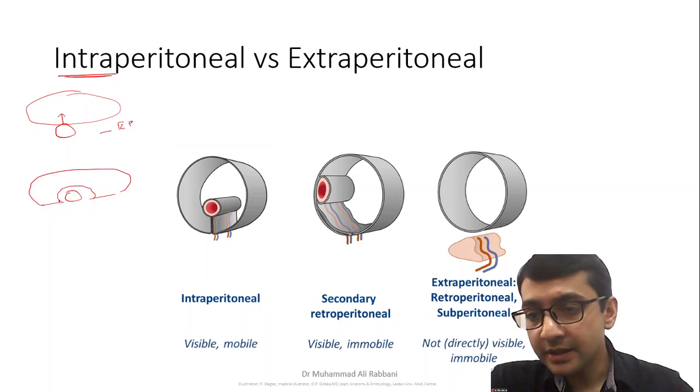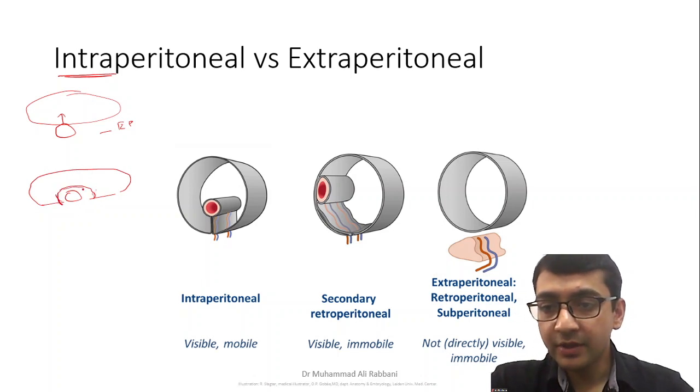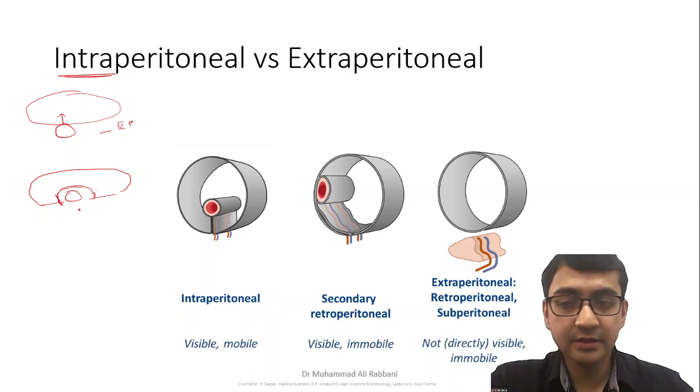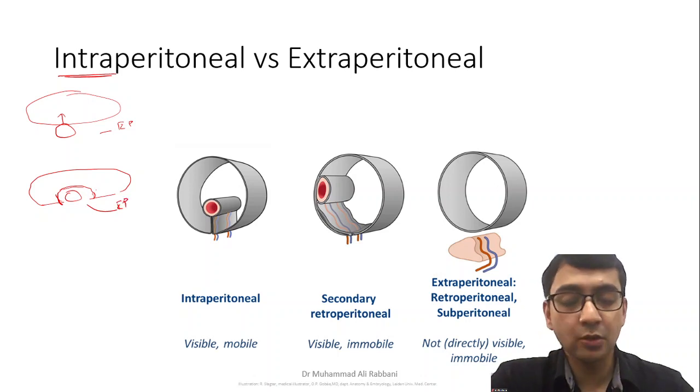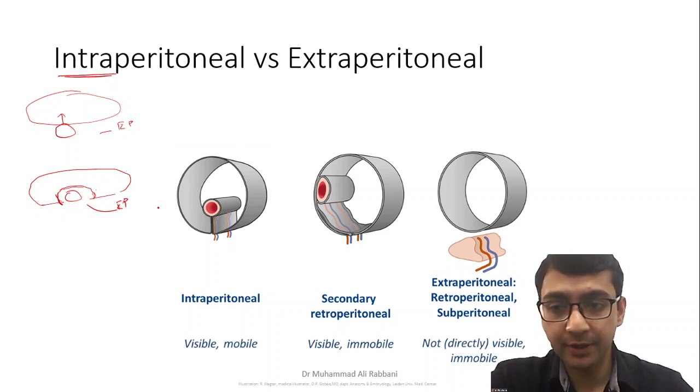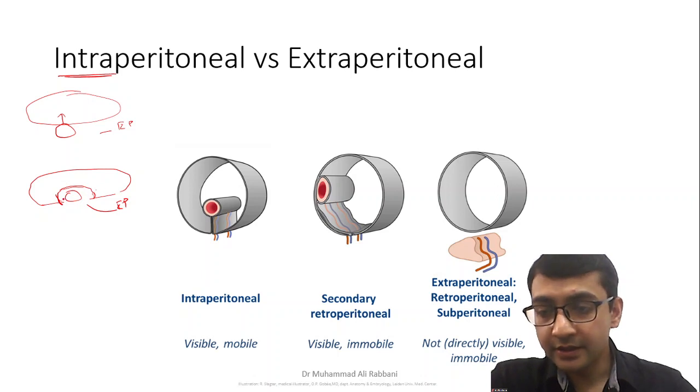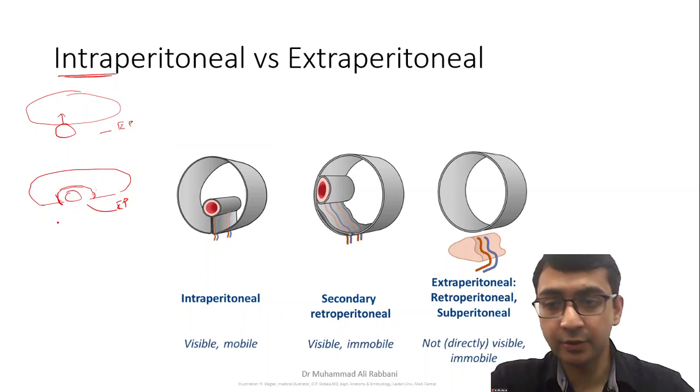Now it is lined on three sides, but not on the posterior aspect. It is not completely enveloped, so it is again considered an extraperitoneal organ, and this lining is parietal peritoneum.